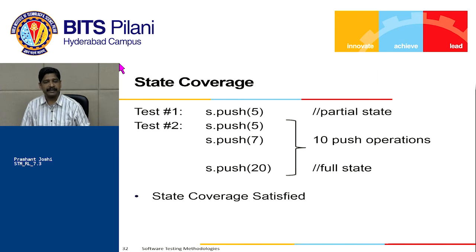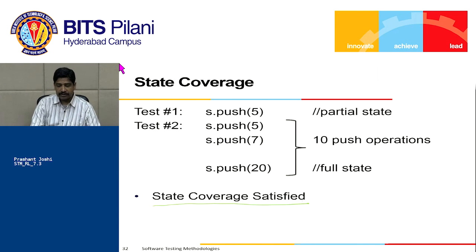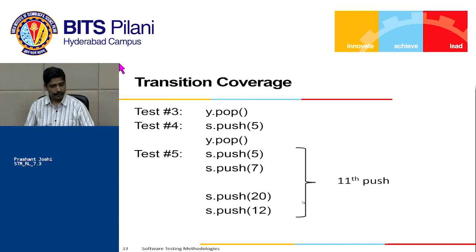So these become my test cases. Test case 1 would be to push, so I move to partial state. I perform push operations and then I get to the full state. So this would make state coverage satisfied. So that's what I get to. Next is transition.